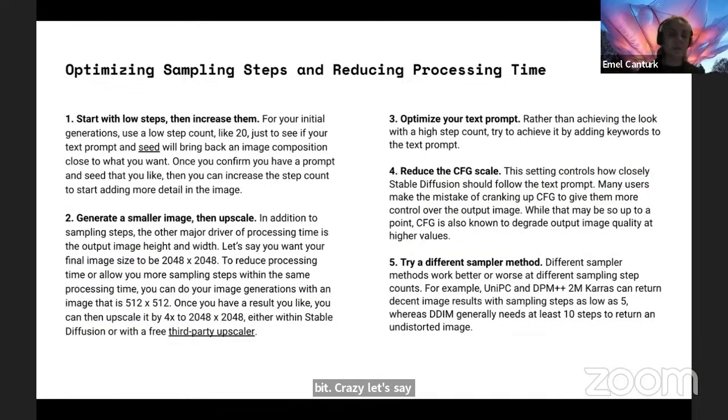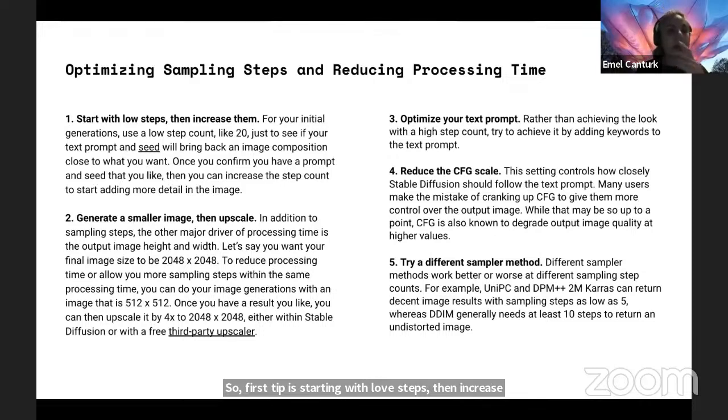So there are some tips to optimize sampling steps and reduce the processing time. When you use Automatic1111 locally on your computer, you understand me, because it's a really painstaking process, waiting in front of the computer, and it takes a lot of time. So the first tip is to start with low steps, then increase them.